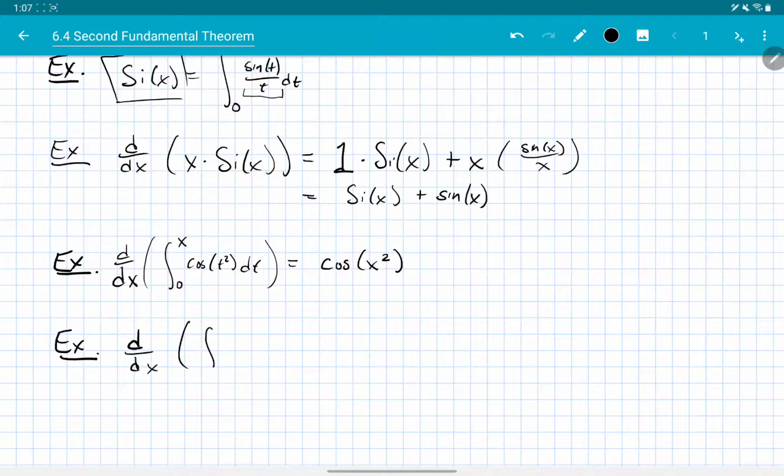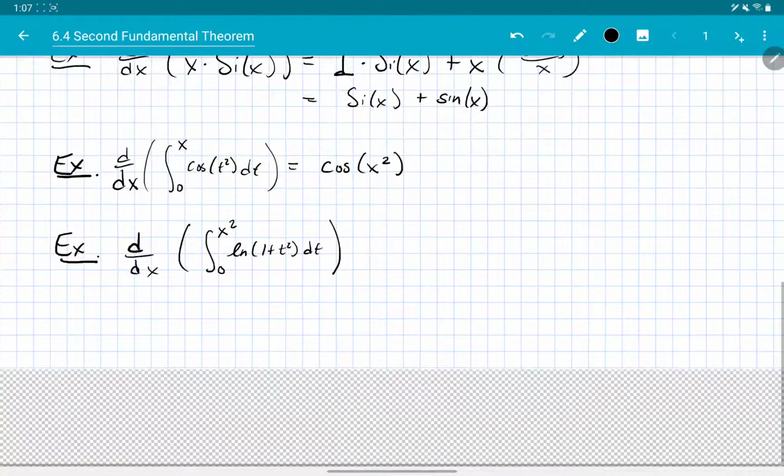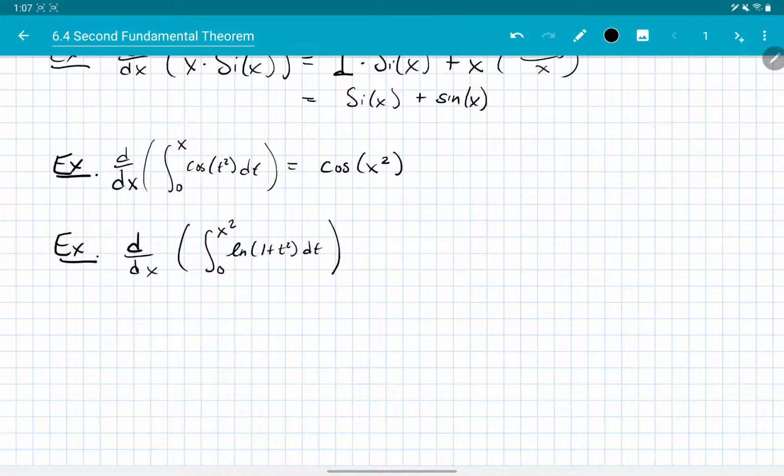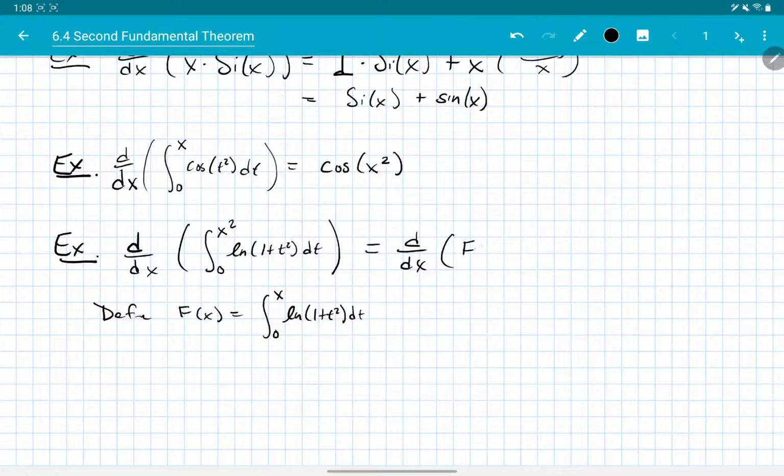Okay, now I'm going to show another one which is a slightly different situation. Let's take the derivative with respect to x of the integral from 0 to x squared of natural log 1 plus t squared dt. Okay, now this is where this gets a little bit difficult. The idea is if we define capital F of x as the integral from 0 to x of natural log 1 plus t squared dt, then we are taking d over dx of capital F of x squared.